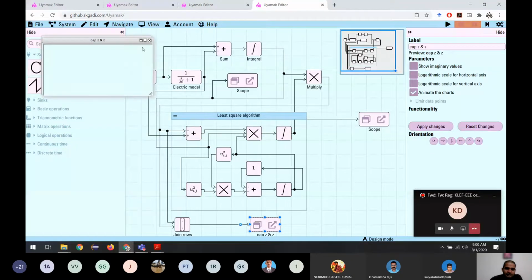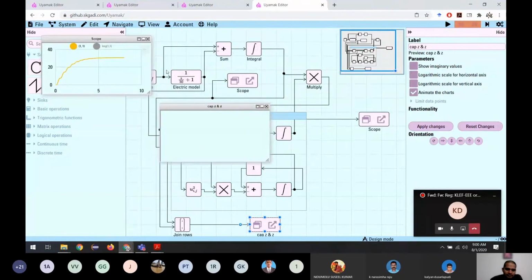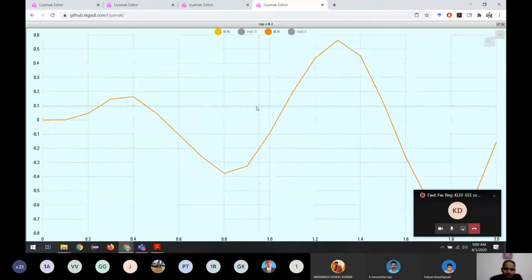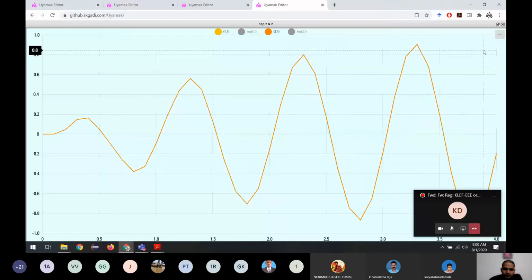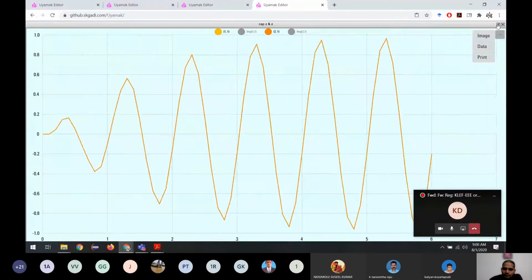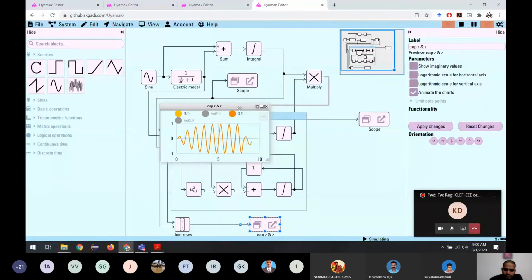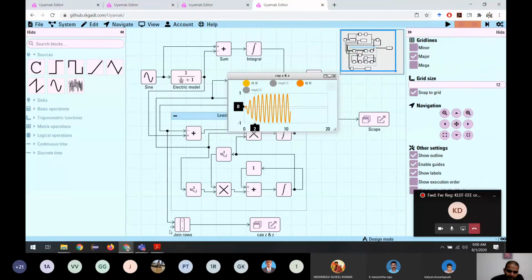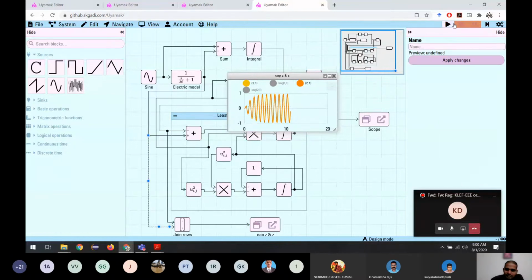And let us see these results. I am connecting to the same terminals. I made a mistake. I had to connect to the Z. Okay, now it is different.